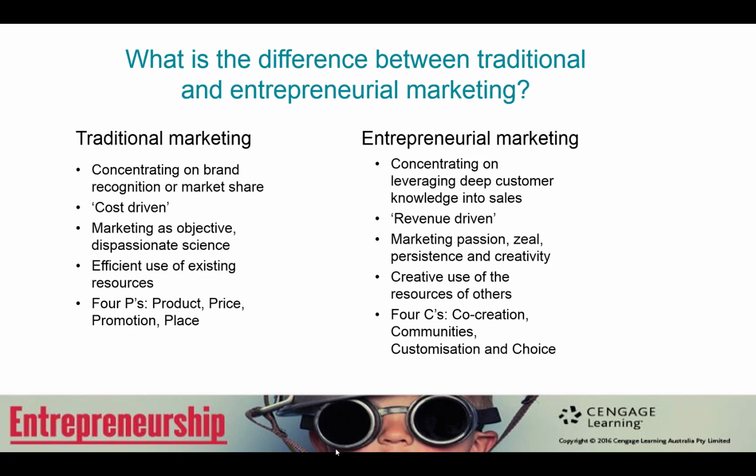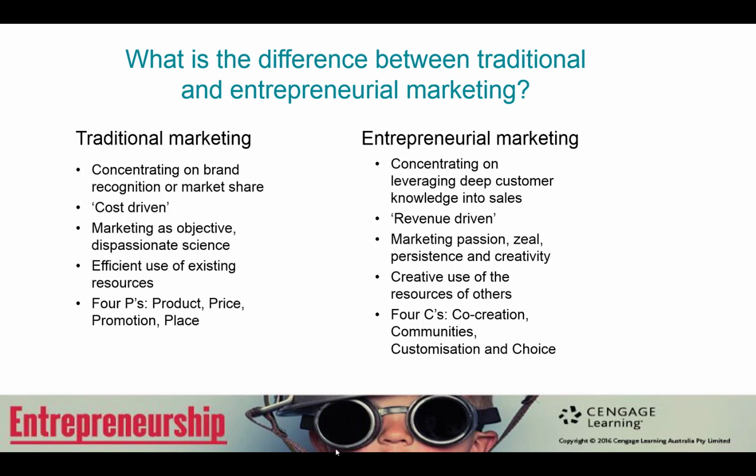So again, this figure just summarises for us some of the differences that we might see between traditional forms of marketing and entrepreneurial marketing. So traditional marketing is very much focused on a development of a brand and a current market position. So how do we cement our position in the current marketplace?